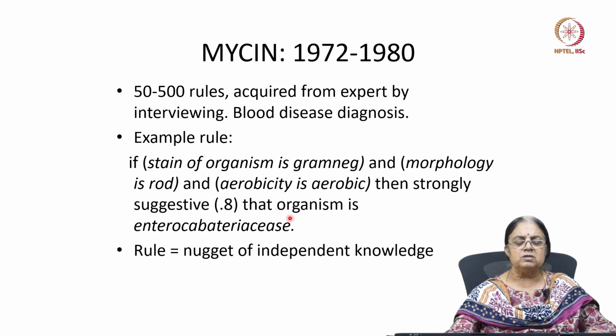One of the rules is like this: if the stain of the organism is gram negative and morphology is rod and aerobicity is aerobic, then you have 0.8 confidence that the organism is enterobacteriosis. This is an example of a rule in the Mycin.